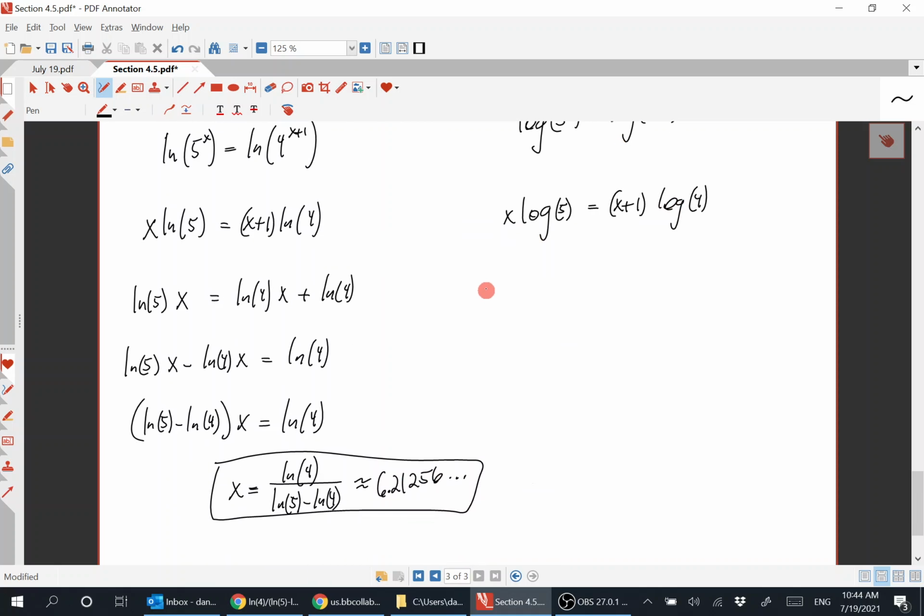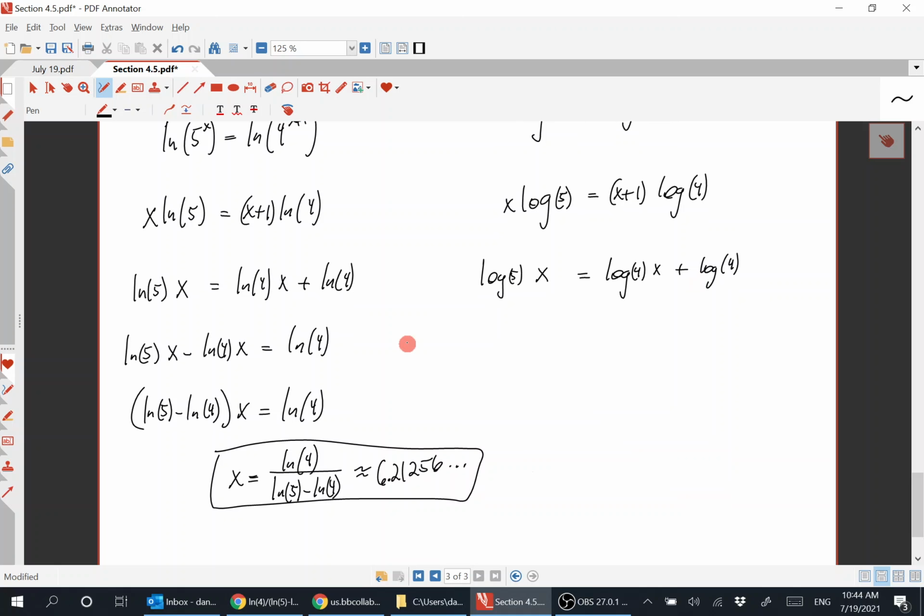So here I'm going to move the constant in the front, and distribute the log base 4 through here. Subtract this from each side. Factor out x.